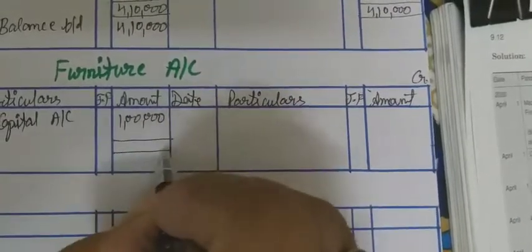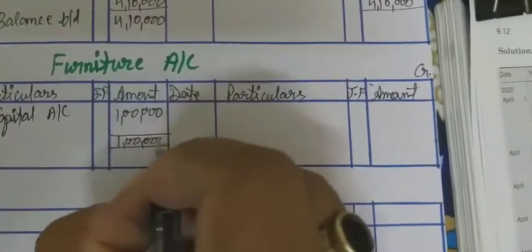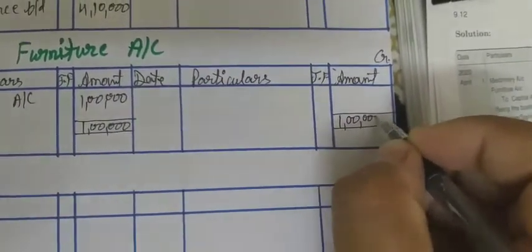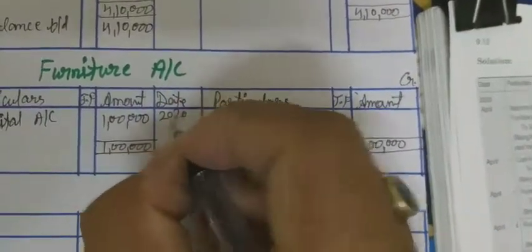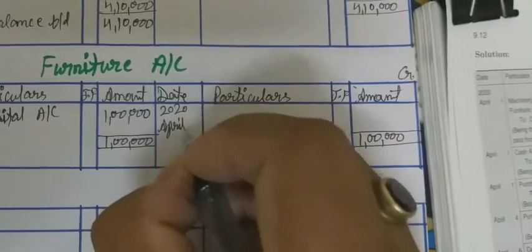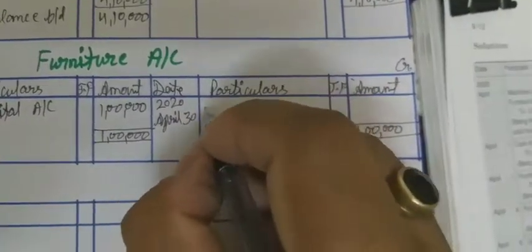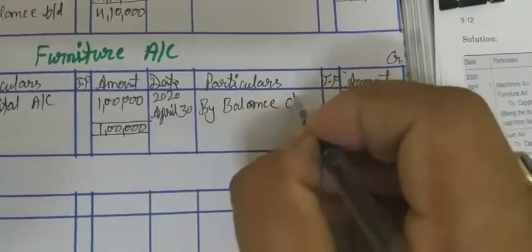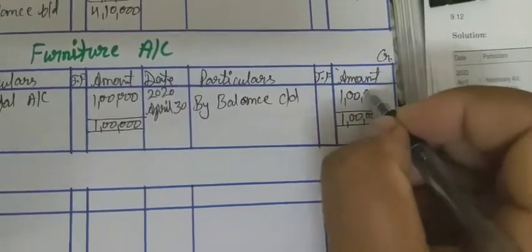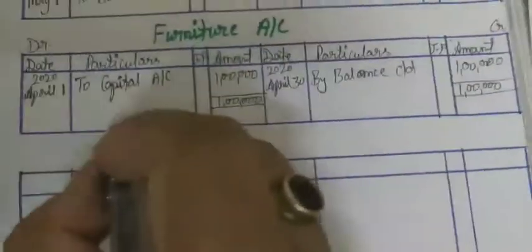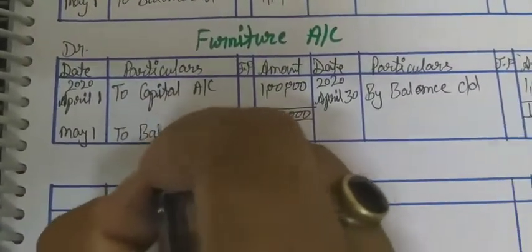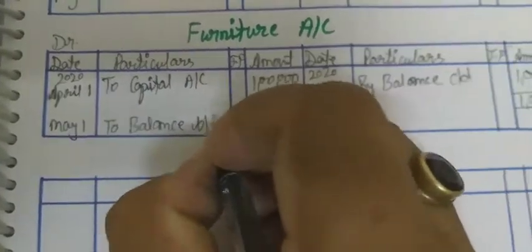So now we do the balancing: 1 lakh rupees. On 2020 April 30, because up to the last date of the month there was no transaction, the balance is calculated on the last date of the month. By balance c/d 1 lakh rupees, and this balance is transferred to the next month, May 1st, to balance b/d 1 lakh.